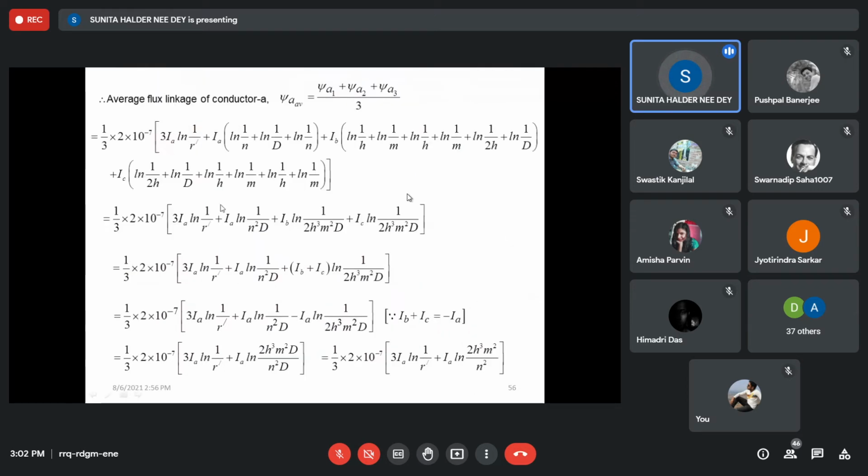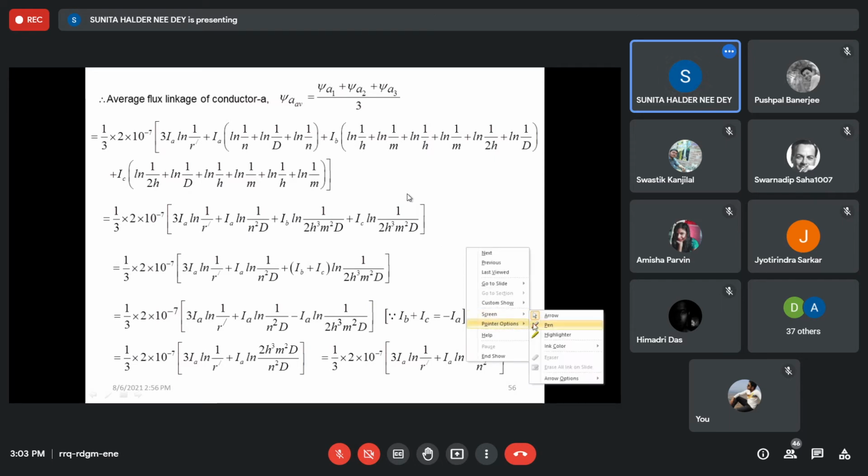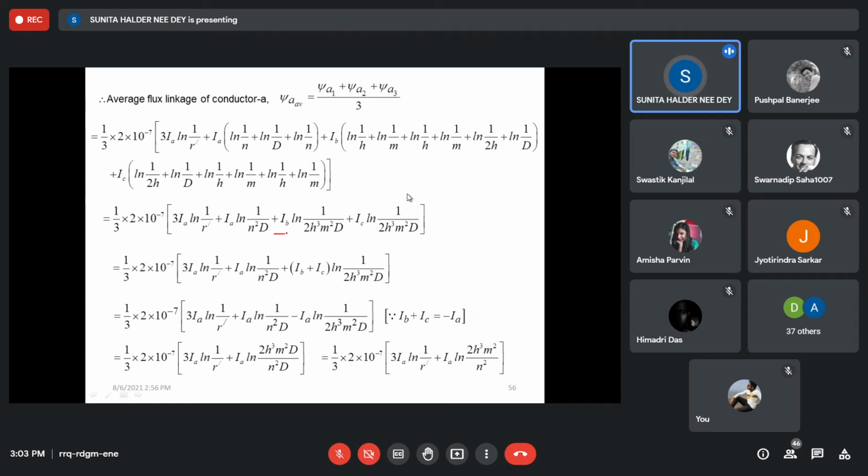Now, if we get all these three expressions, then we can make psi average, which means the average of these three flux linkages. I am not explaining the full derivation, as I shall give you the PDF of this PPT. Finally, you will get that the logarithmic terms with IB and IC are the same, so we can take that logarithmic term common.